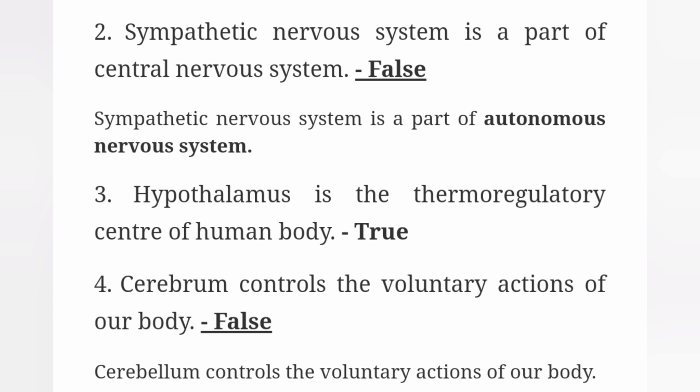Third one, hypothalamus is the thermoregulatory center of human body. The statement is true. Fourth one, cerebrum controls the voluntary actions of our body. The statement is false. The correct statement, cerebellum controls the voluntary actions of our body.